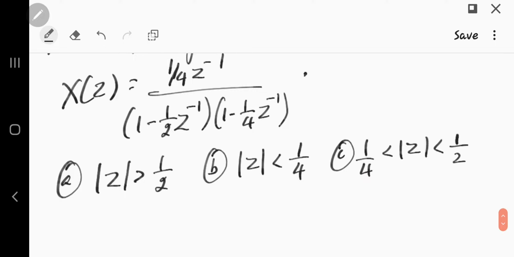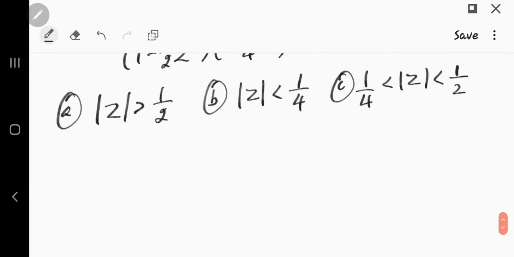Now we have to find the inverse Z transform of X of z for these three conditions A, B and C, which define the ROC. In the third one, the ROC is lying in between 1 by 4 and 1 by 2. So that makes the input signal slightly different.